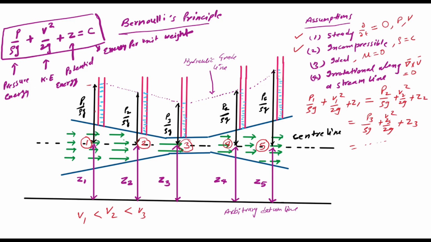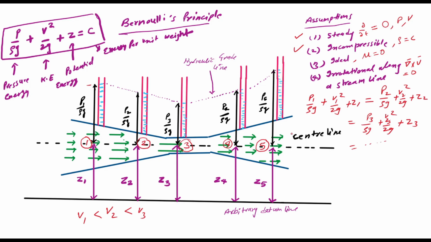When we see this experimentally, at point 1 this value will be highest, because the pipe diameter is larger, and a larger pipe diameter means less velocity. Less velocity means the velocity head should be lesser.